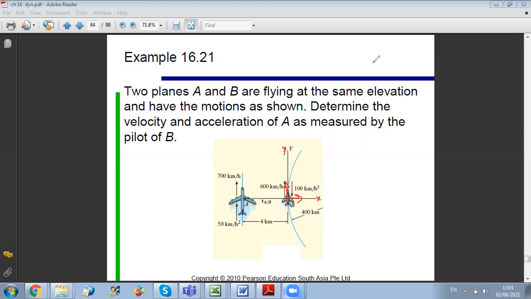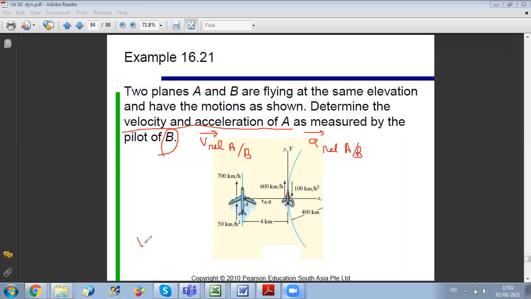Okay? So now, if I want to calculate the velocity and acceleration of A measured by B, I am interested in V relative of A with respect to B, and in A relative of A with respect to B. These components, I can find them by writing the vectorial relation for rotating frames. Because for rotating frames, I have the following.